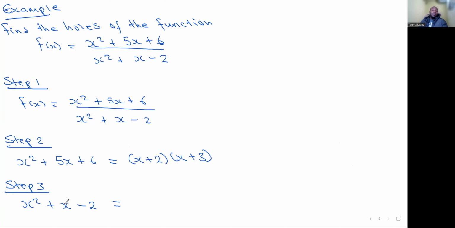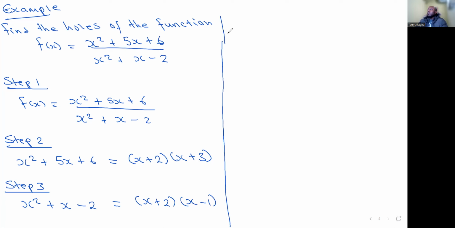You can also use the quadratic formula, since the quadratic formula solves the equation, but you can reverse it to factorize. In this case I'm using trinomials. I'm looking for two numbers that multiply to give minus 2 and add to give plus 1. So it's x plus 2 and x minus 1. Step 3 is done. Now we go to step 4.